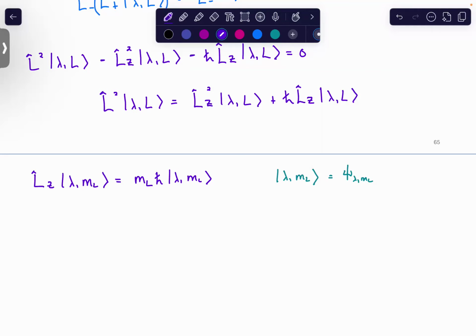So that means I have Lz acting on lambda, m sub L. That is going to give me L h bar.